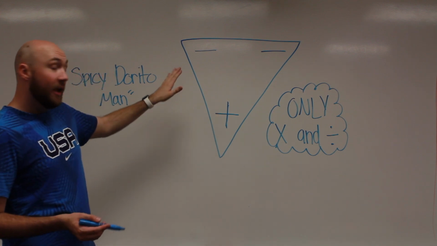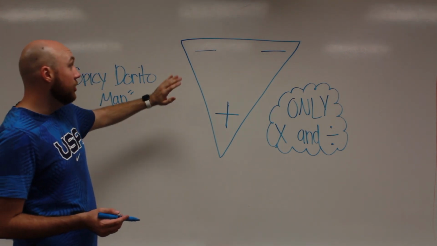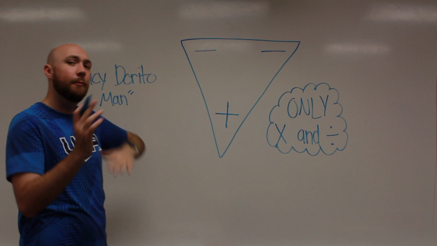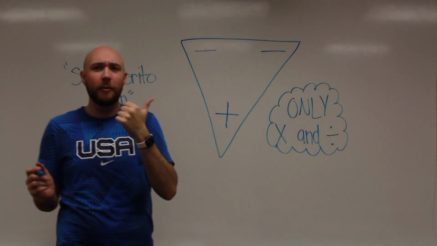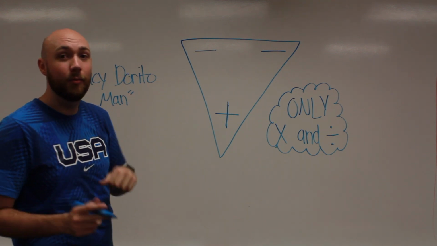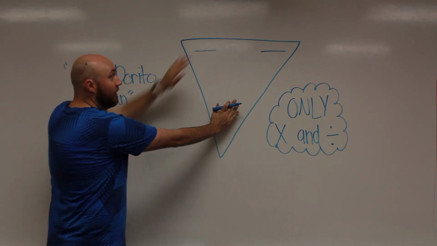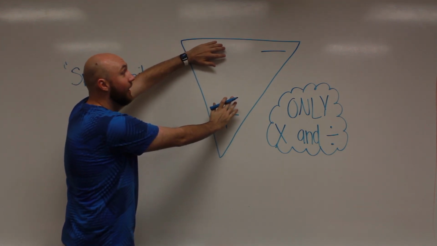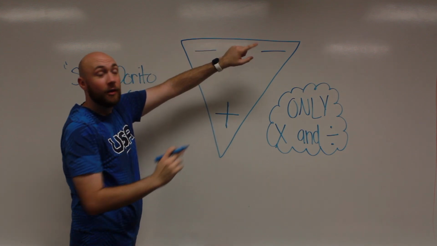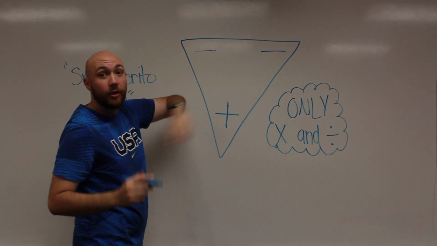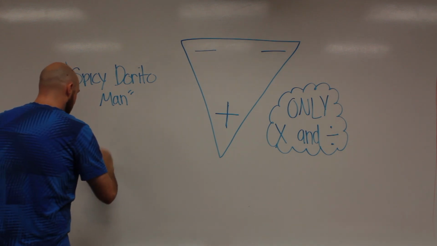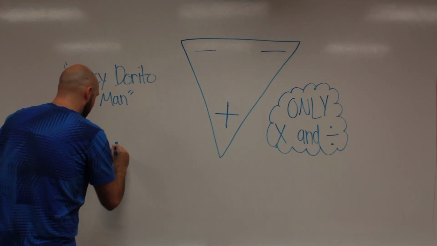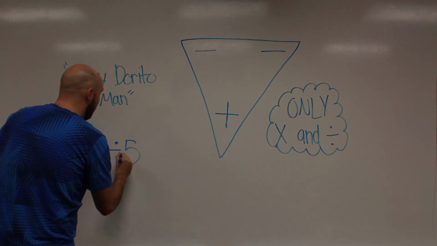So this is how it'll be used. If you're multiplying a positive and a negative number, what you're gonna do is cover the positive, cover the negative. Whatever's left is going to be what your answer's sign is. So for example, if I had 10 divided by negative 5.